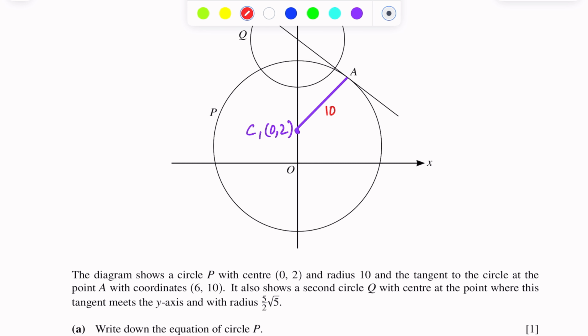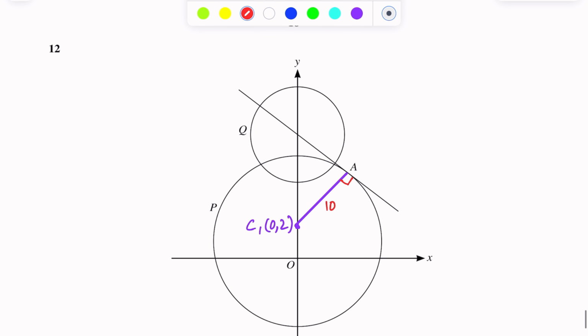This angle will be a right angle, because radius and tangent always make a right angle. This is the tangent, this is the radius, this angle will be 90 degrees.